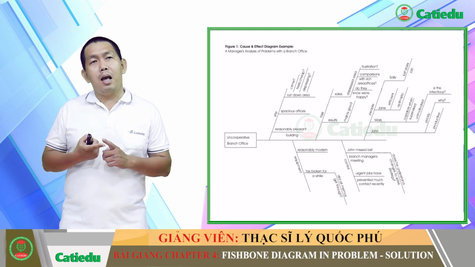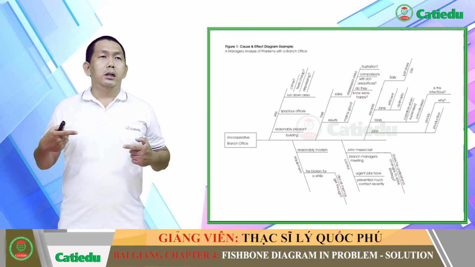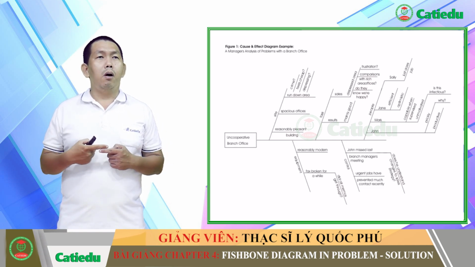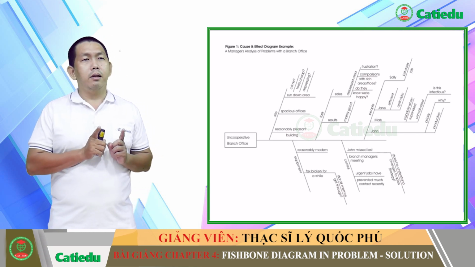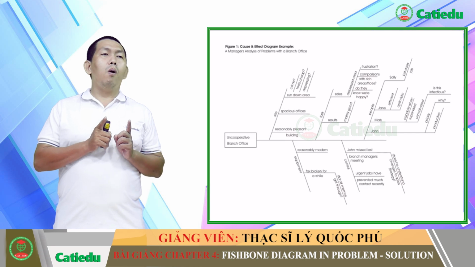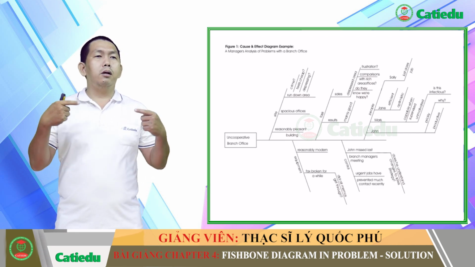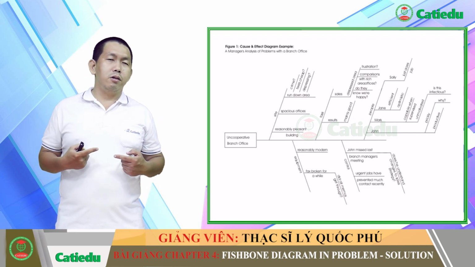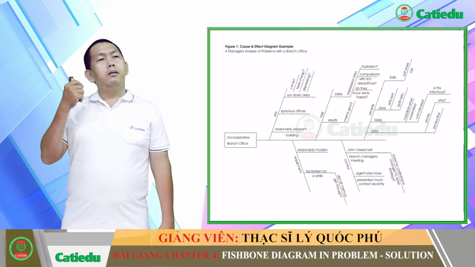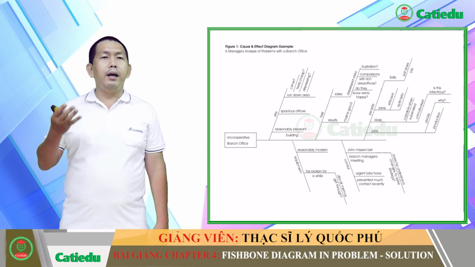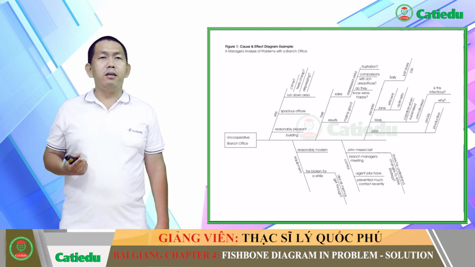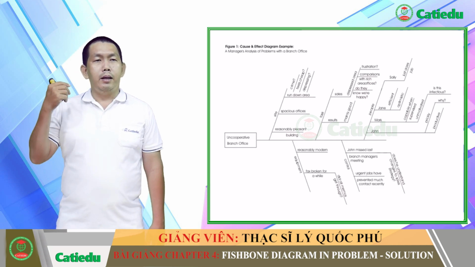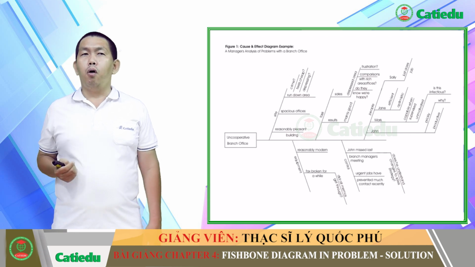So here is an example of a cause and effect diagram, or fishbone diagram. First, you have to analyze the problem. What is the problem? This is an uncooperative branch office. From the problem, you have 5 major factors: the site, the task, the people, the equipment, and the contact.